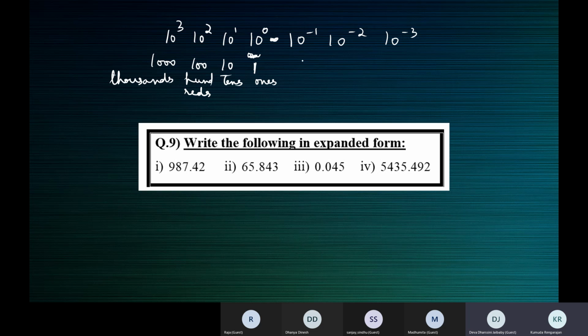This is 1 by 10, the tenths place. This is 1 by 100, because 10 to the power minus 2 is 1 by 10 square or 1 by 100. The hundredths place. 1 by 1000, thousandths place.